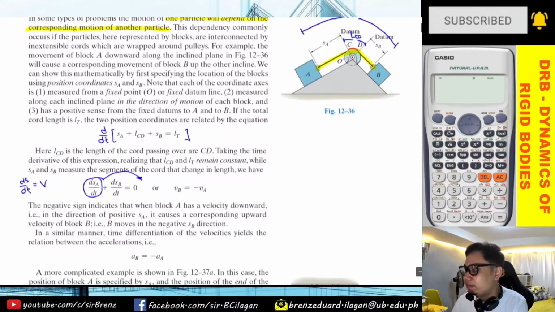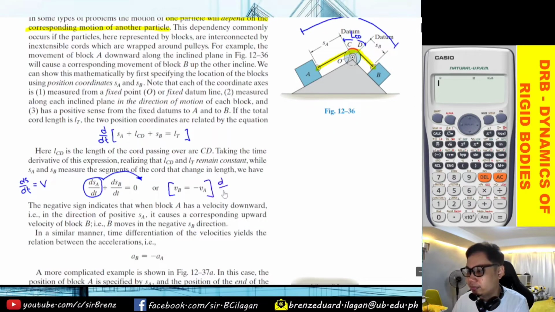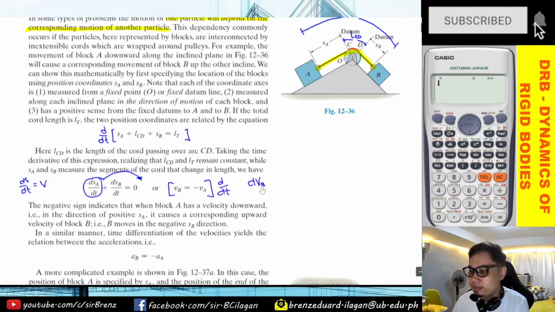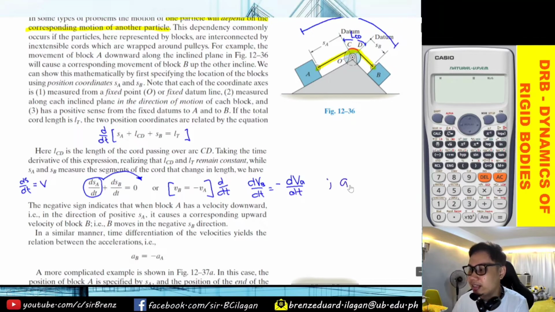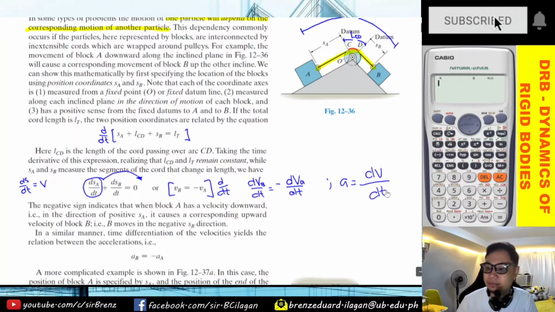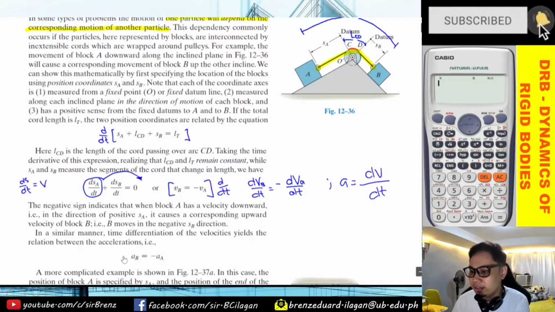Kapag dinerivative mo siya with respect to time, mangyayari dyan is dv sub b over dt is equal to the negative of dv sub a over dt. Alam nga natin na yung acceleration is just the derivative of velocity with respect to time. Okay? So, ito yung magiging equation natin.